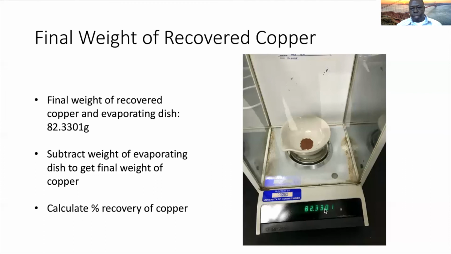The equation you use for this, as I said before, is recovered over original times 100% to get the percent of copper recovered by taking it through the cycle. I recommend that you read the material in TopHat to see how the equations look.